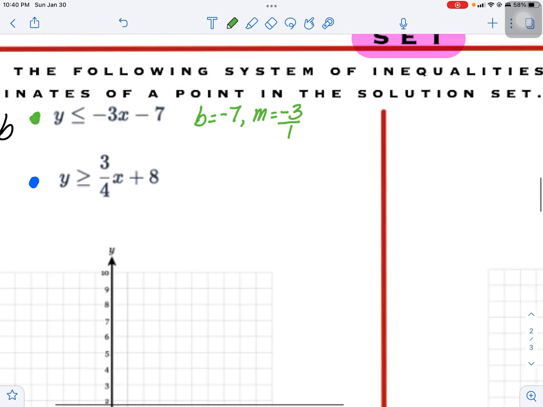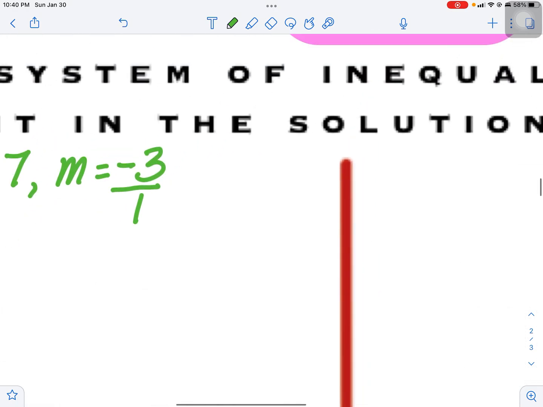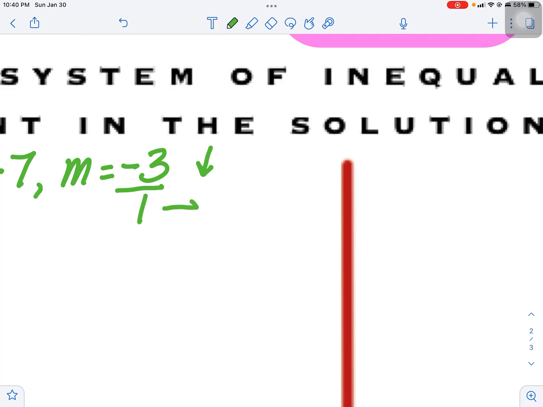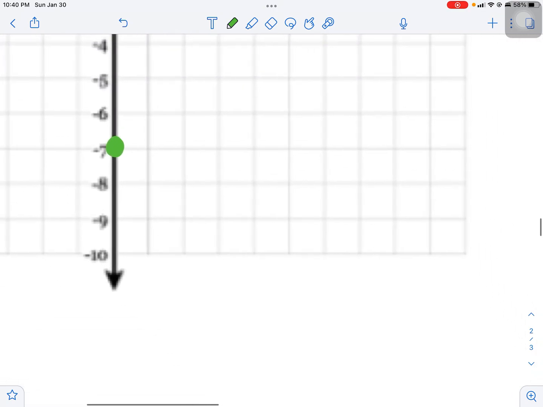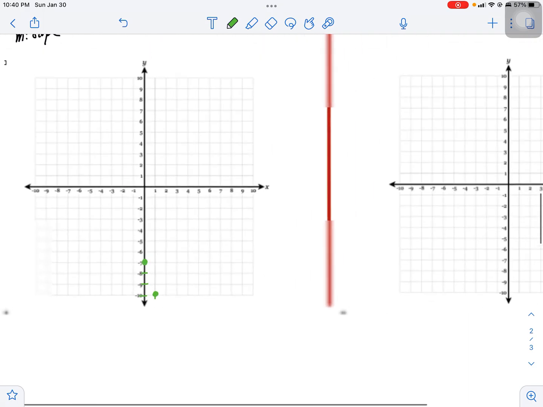Okay. Next, our slope says we're going to go -3 over 1. Well, -3 means down 3, and over 1 means to the right 1. So we're going to go down 1, 2, 3, and over 1. And that is our second point here.